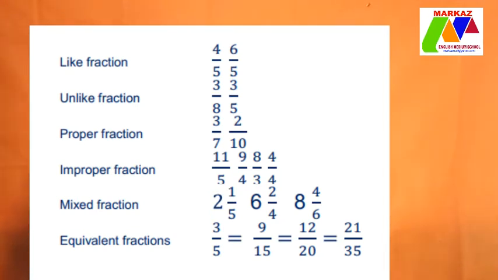Here we multiplied first with 3. 5 into 3 are 15. Second one we multiplied by 4. 3 into 4 are 12. 5 into 4 are 20. Third one we multiplied with 7. 3 into 7 is equal to 21. 5 into 7 is equal to 35.